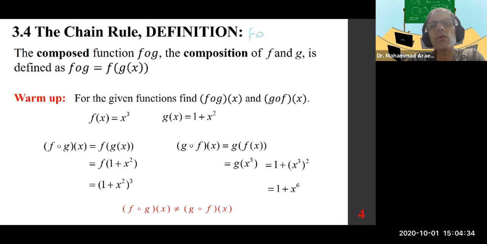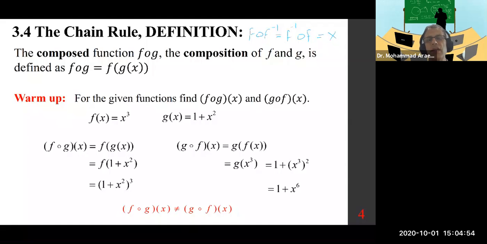F of f inverse equals f inverse of f equals x. The only time two functions have the same composite function, f of g and g of f, is if f and g are inverse functions. Okay, so f of f inverse of x is equal to x.